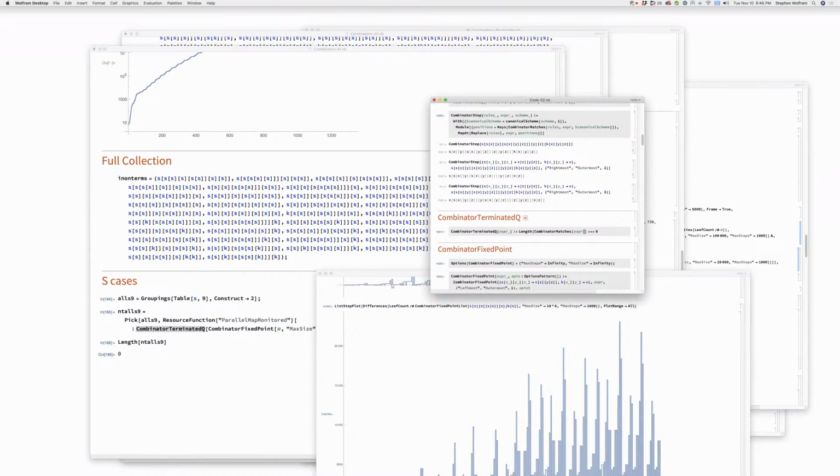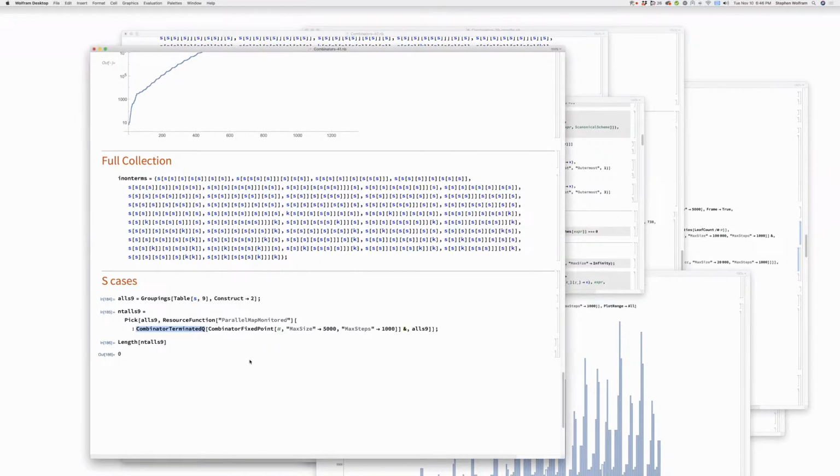That's whether it actually terminated, right? That's whether there are no matches available, right? Yeah. Okay, so wait a minute. Combinator fixed point. Let's just try looking at that.